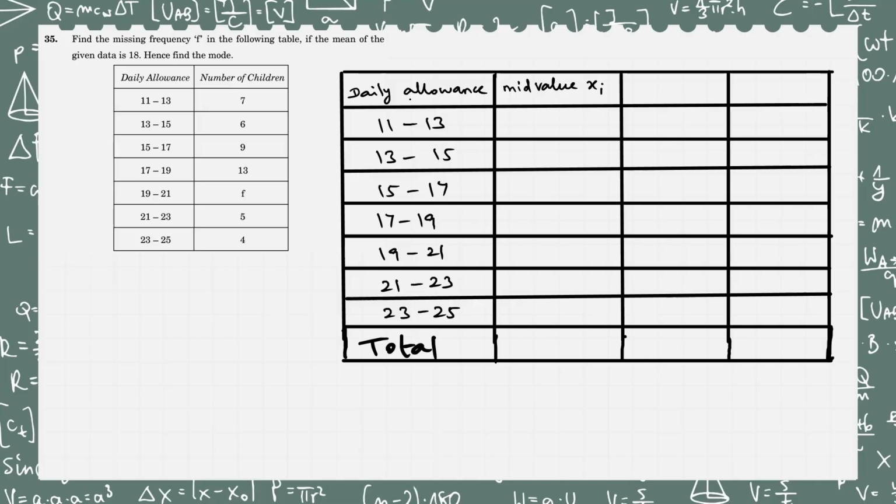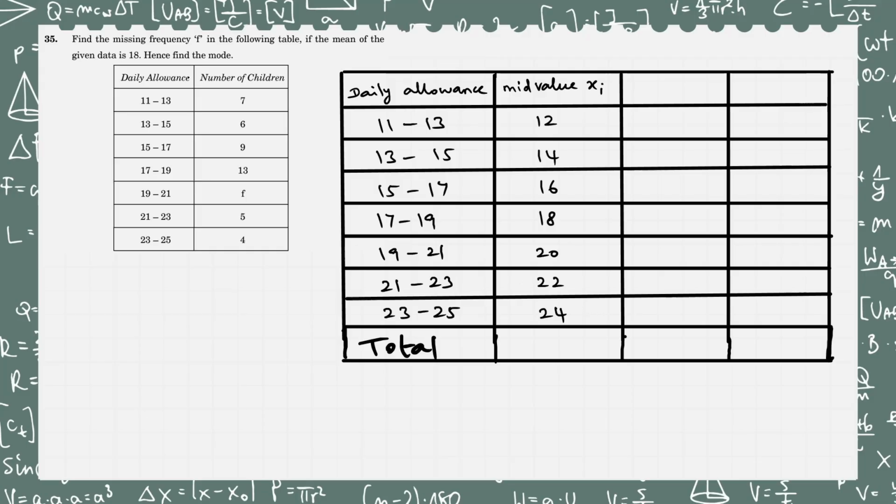You guys know that the mid value will be the average of the lower limit and the upper limit of every class interval. So the first row's mid value will be 11 plus 13 divided by 2, which is 12. The same way we write the mid value for all other class intervals. So 14, 16, 18, 20, 22 and 24. These are the mid values, right?